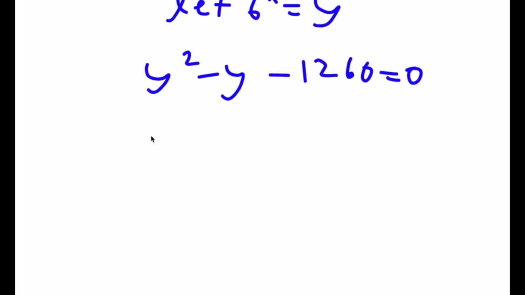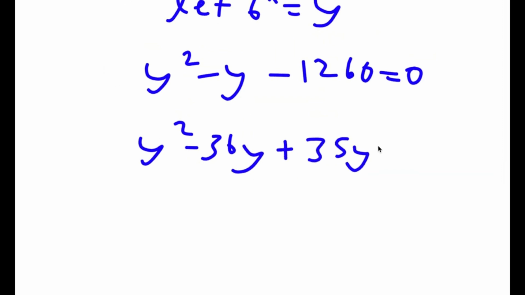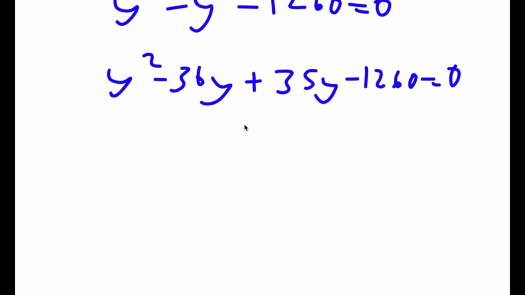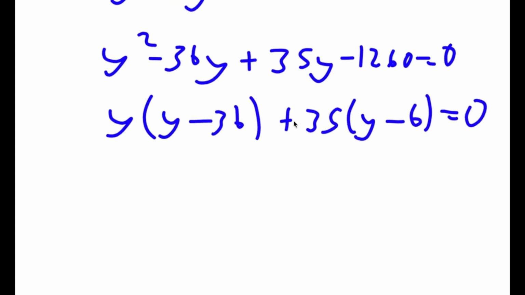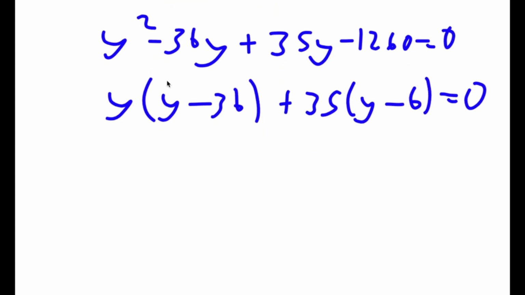Now, I'm going to replace negative y with negative 36y plus 35y. And now y squared minus 36y is the same thing as y times y minus 36 plus 35 times y minus 36.